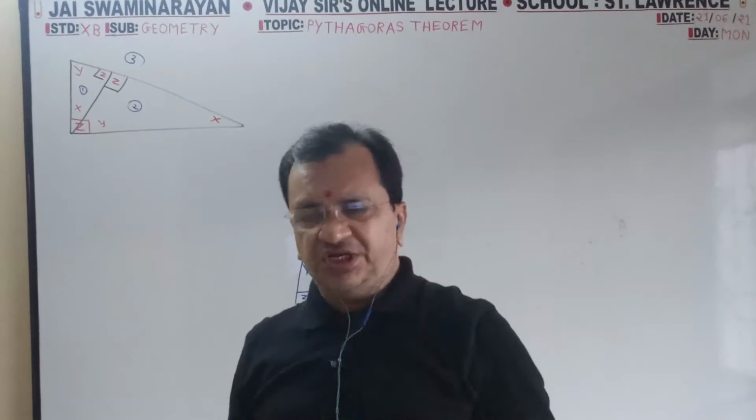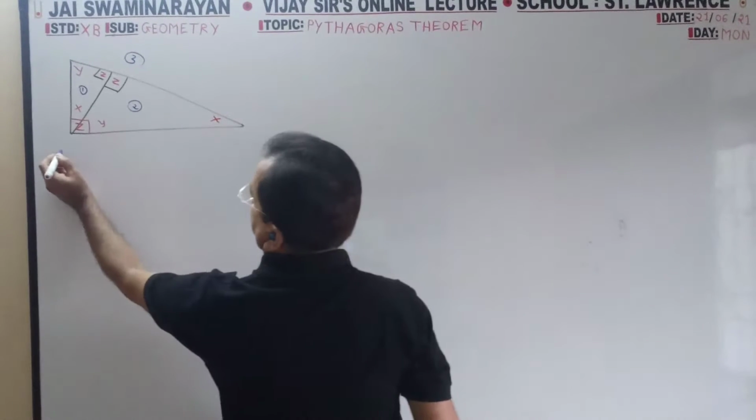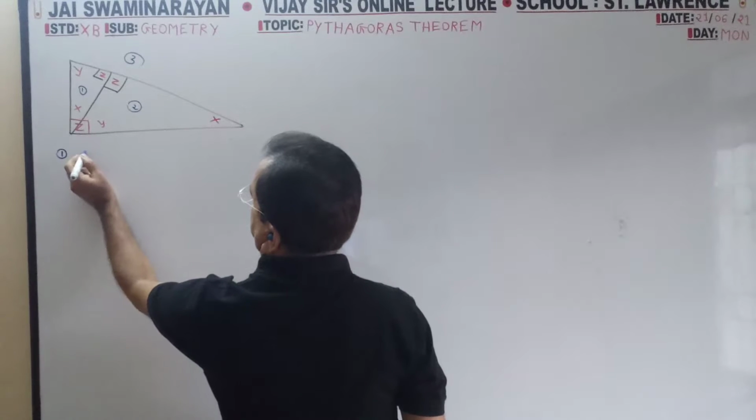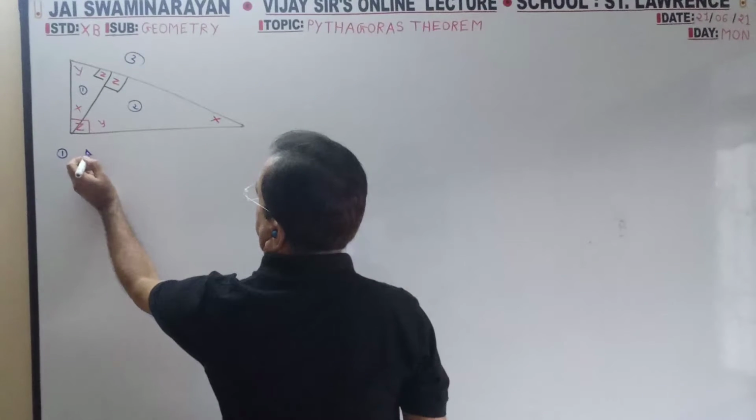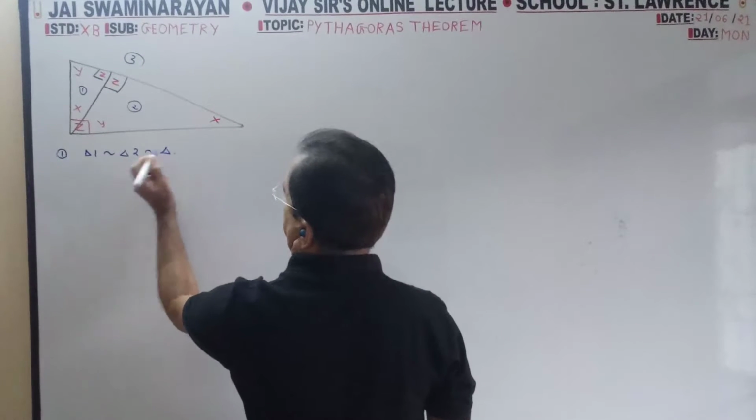So which three theorems do you have to prove? First, triangle 1 similar to triangle 2 similar to triangle 3.